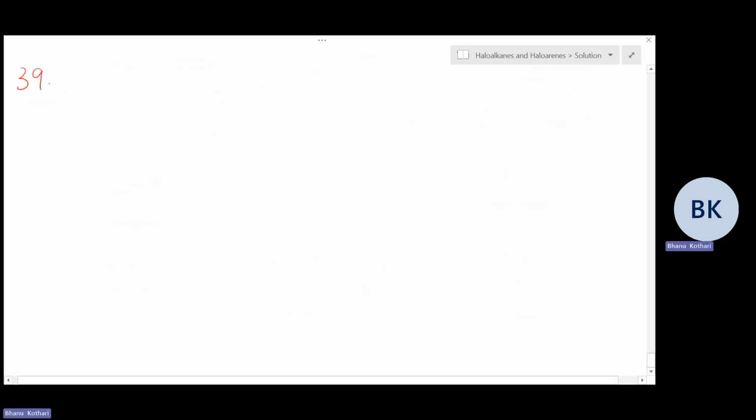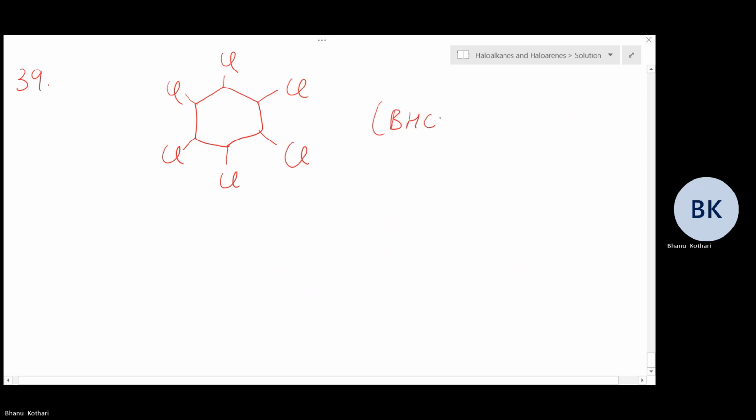Benzene hexachloride. This is the structure of benzene hexachloride. The correct option is option B. And the last question, question number 40.